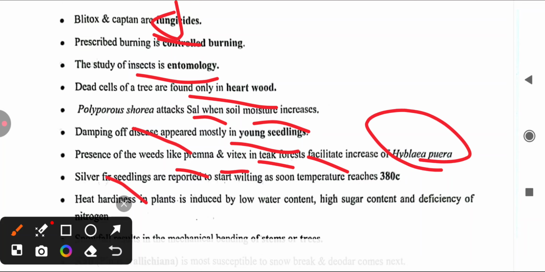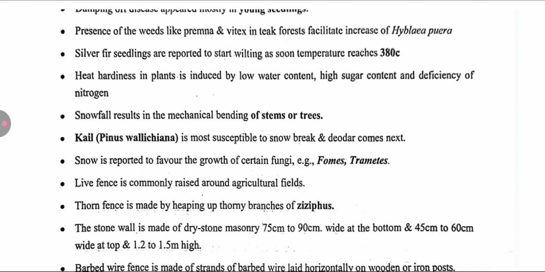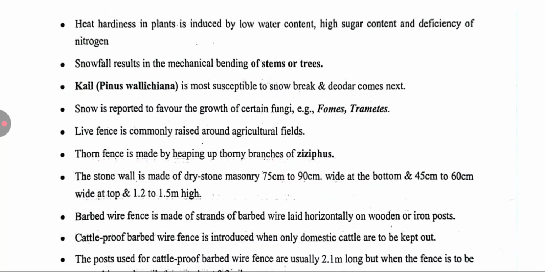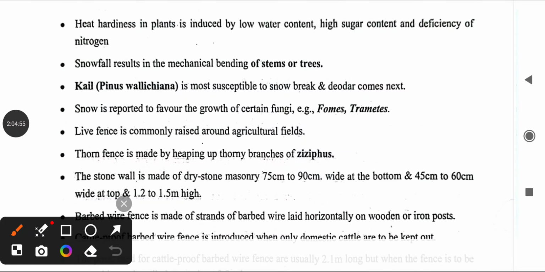Silver fir seedlings are reported to start wilting as soon as temperature reaches 30 degrees Celsius. Hardiness in plants is induced by low water content, high sugar content, and deficiency of nitrogen.